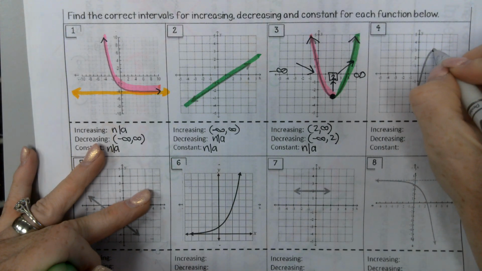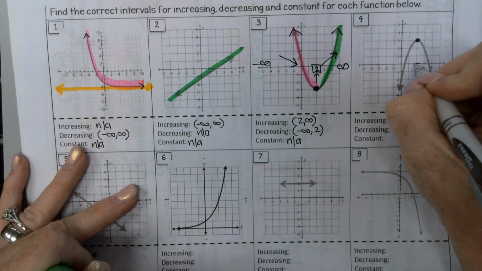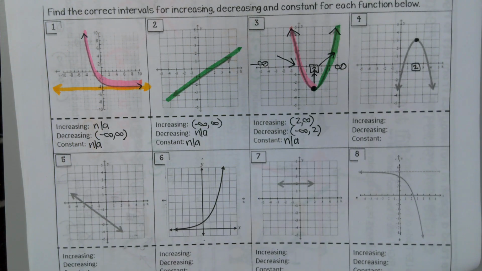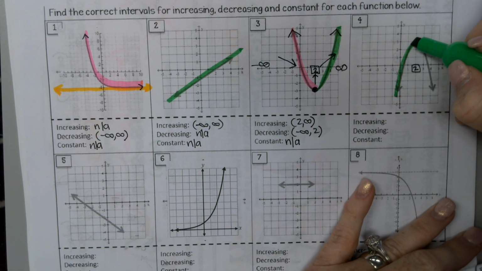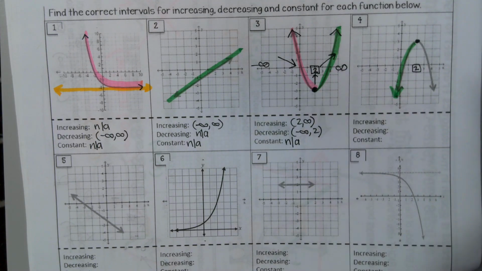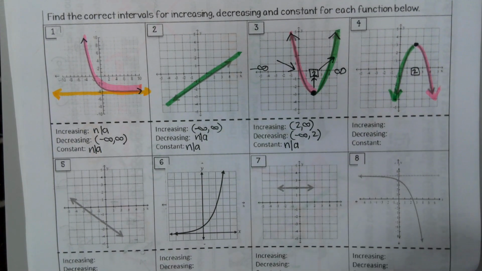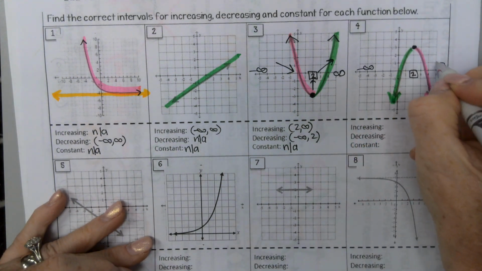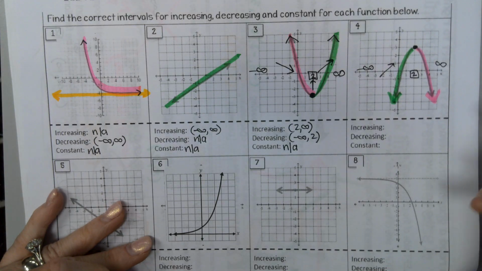All right, here is my vertex for this parabola. The change again is happening at the x value of 2. From left to right, this graph is rising, and then it turns and it falls. Negative infinity to positive infinity. The first thing it does is go up.